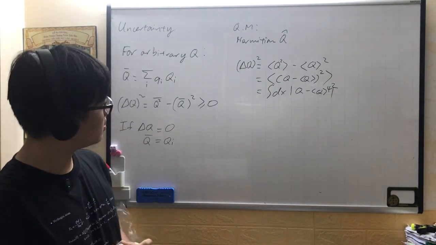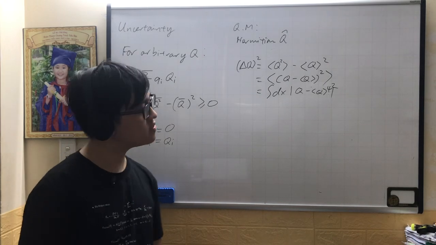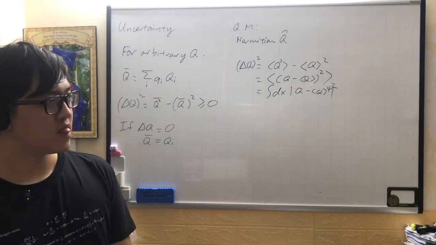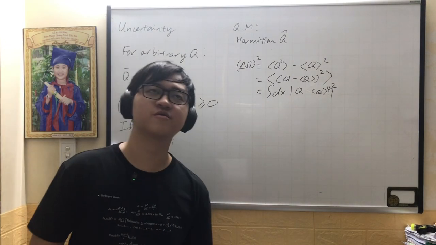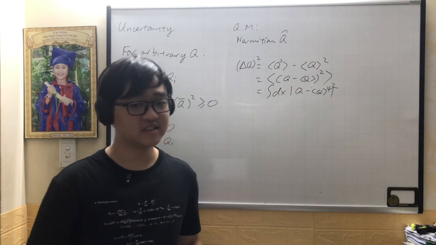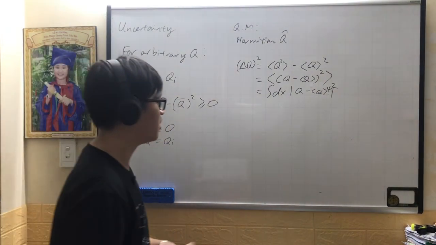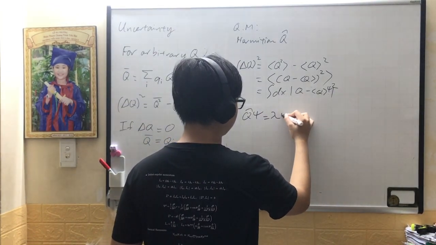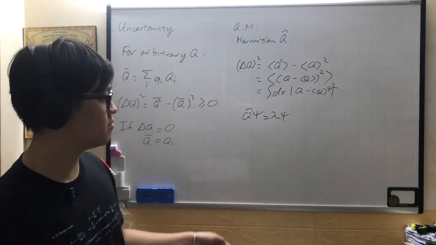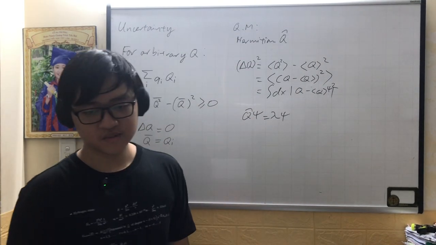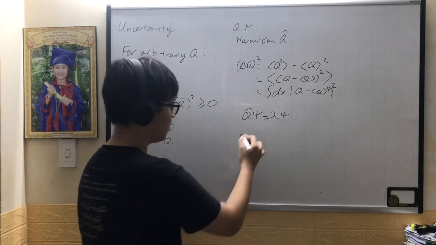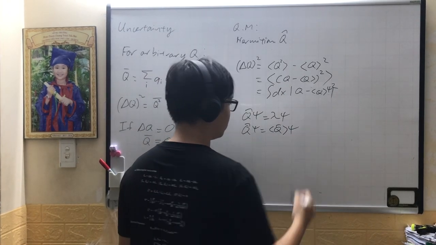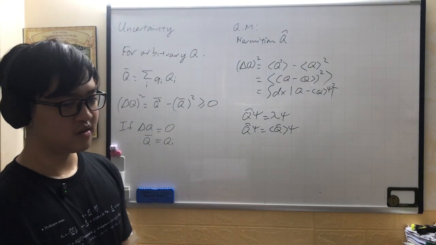Right. And here when you consider the uncertainty, if, for example, your psi is an eigenstate of Q, then as I told you before, Q on psi would equal a number times psi, and another thing is that Q on psi would equal the expectation value times psi.